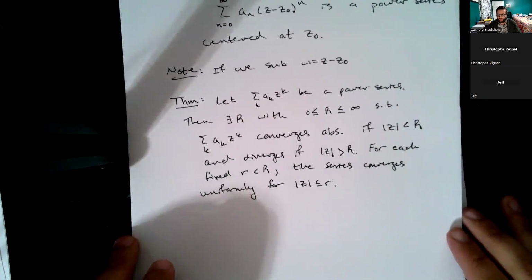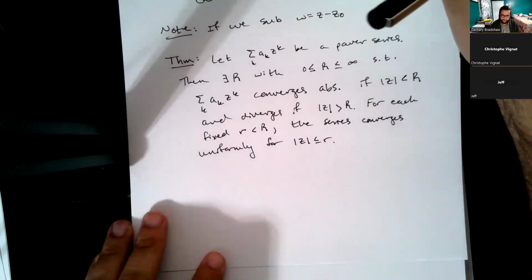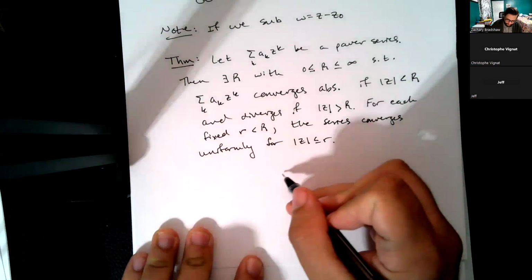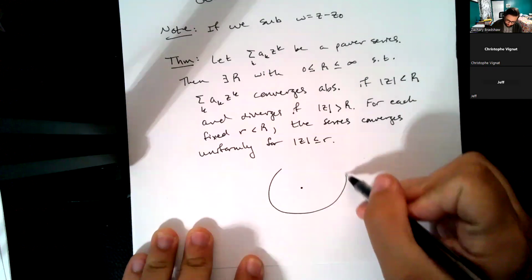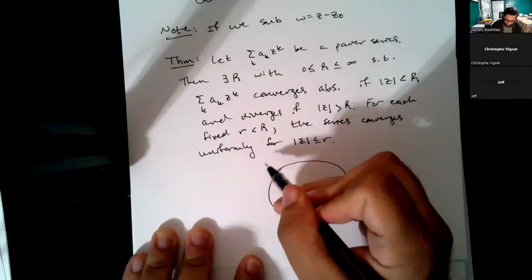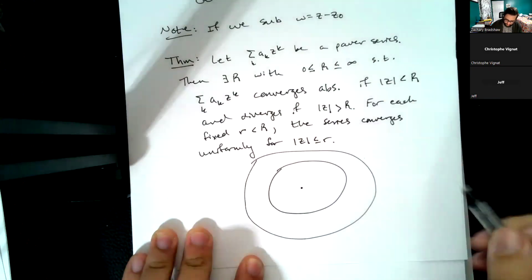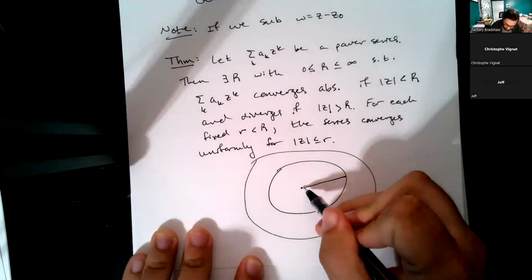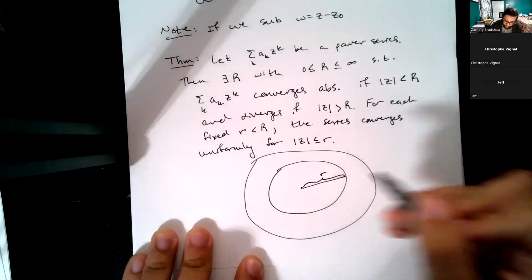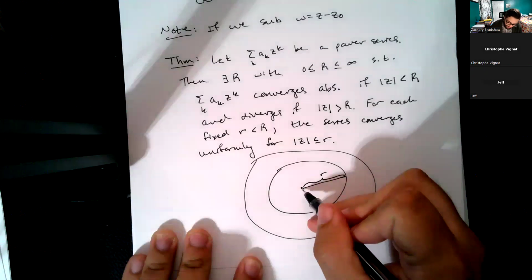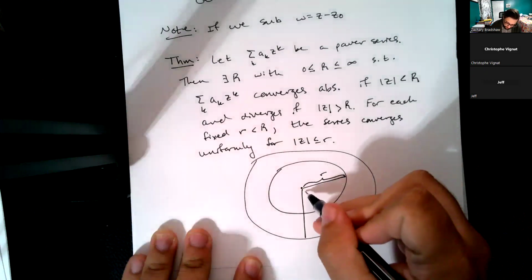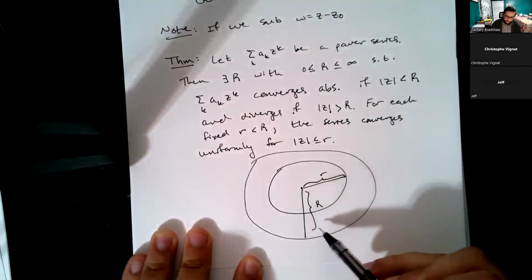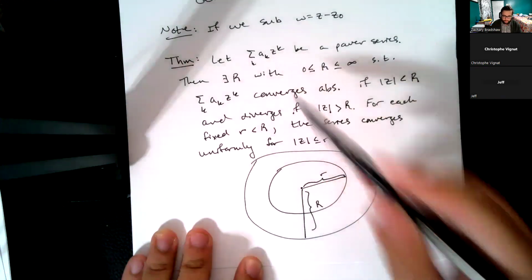So let's just draw a quick picture here of what this theorem says. Let's take our origin to be right here. Then we have two circles. That's a terrible circle, but we'll go with it. And the first one has radius little r. And the second one has radius capital R. And this capital R is the radius of convergence. That's what this thing is called.